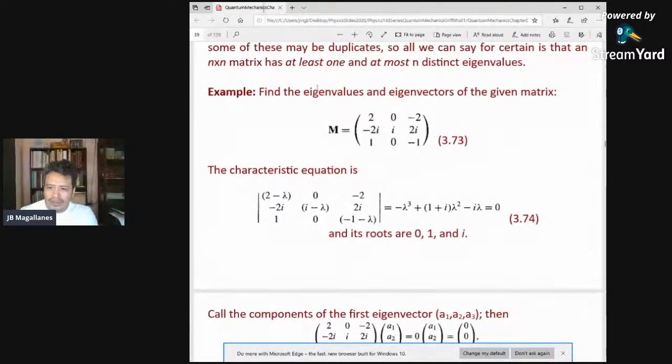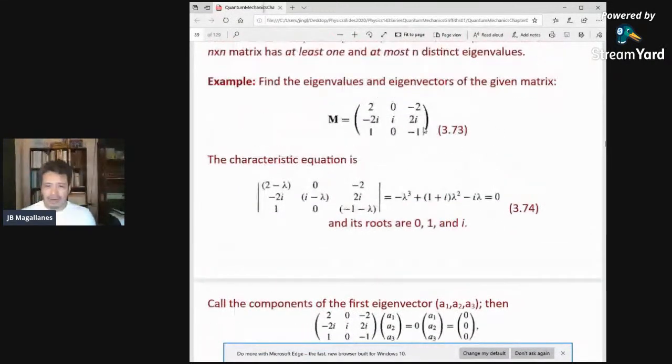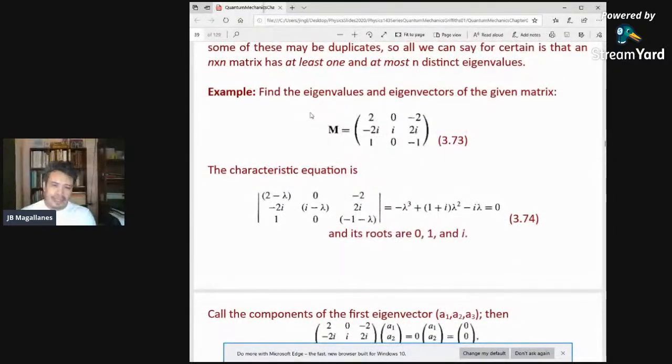I usually read my matrix per row. So when I say M matrix 2, 0, negative 2, negative 2i, 2i, 1, 0, negative 1, that's how I read my matrix. Maybe you read your matrix differently, but that's how I read it. Anyway, you can see the matrix. That's M.